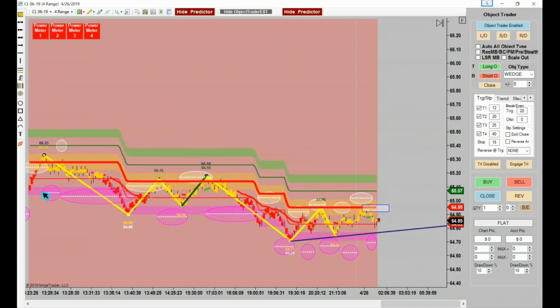Okay, so far you got a little bar trying to go up. Let's speed this up a little bit just so we can see. Speed it up a little bit more.